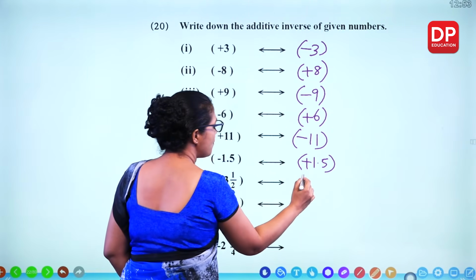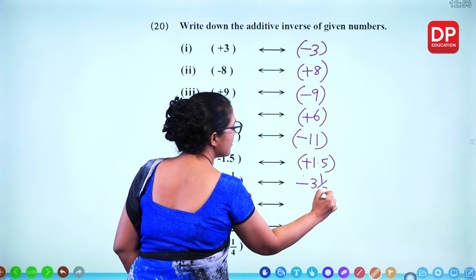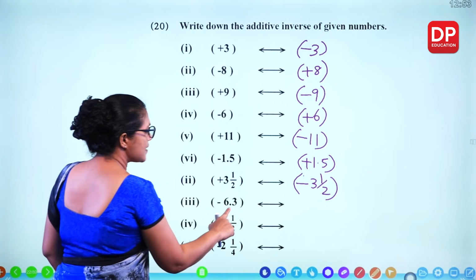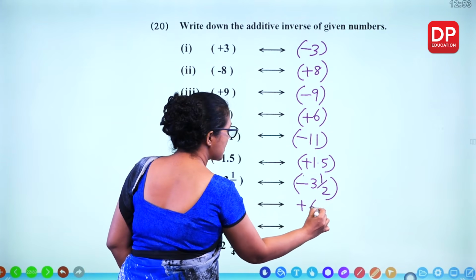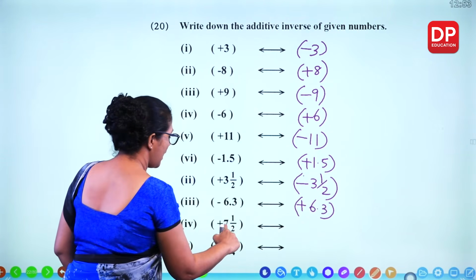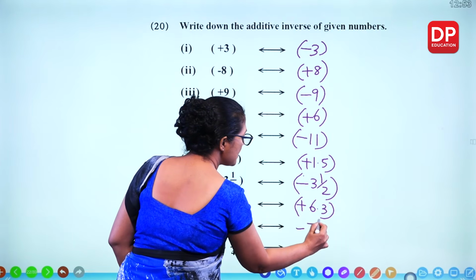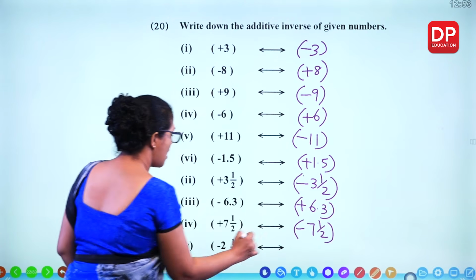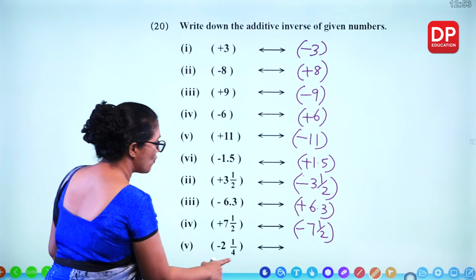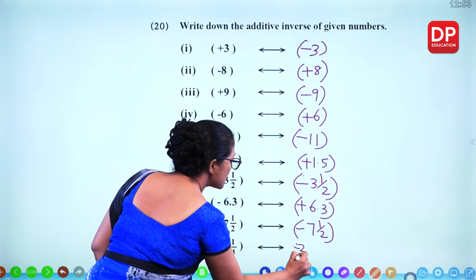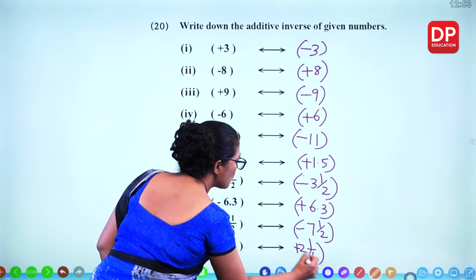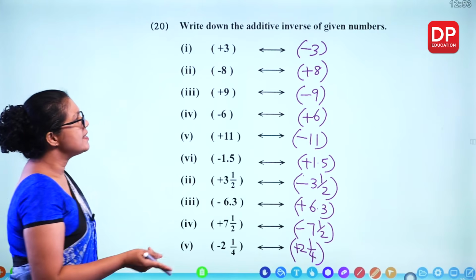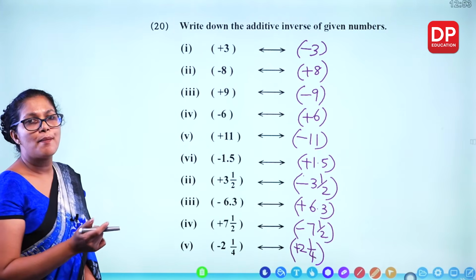Plus 3.5, minus 3.5. Minus 6.3, plus 6.3. And plus 7.5 means minus 7.5. Minus 2 1/4 means plus 2 1/4. So these are the additive inverse of these numbers.